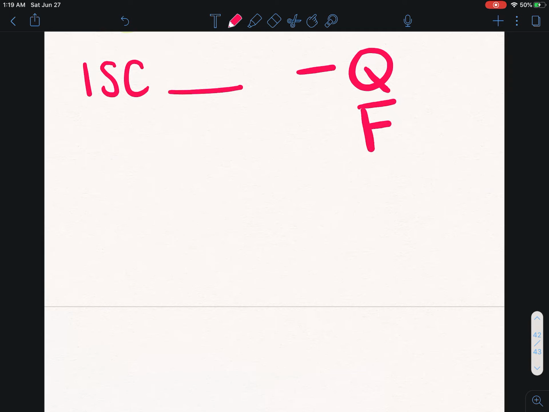So we have ISC something. We have the negative Q. We have the answer to the other one. So we know that it's an ISC.